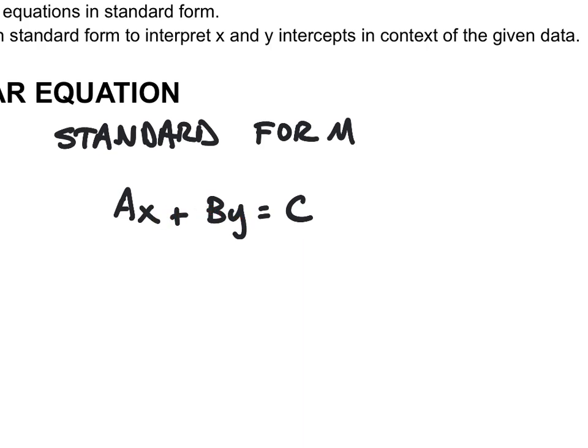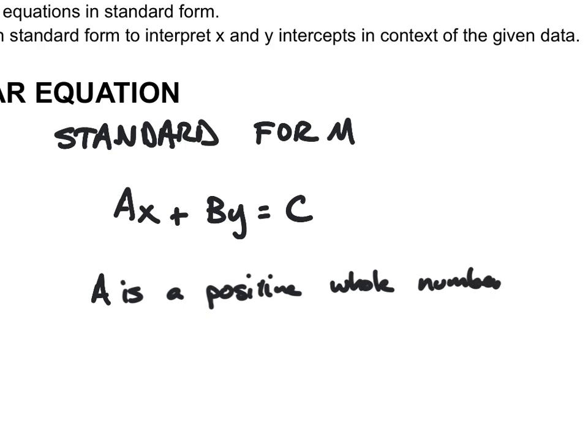The other thing about standard form is that a, the coefficient, the number in front of the x, is a positive whole number when you write it correctly, by definition.